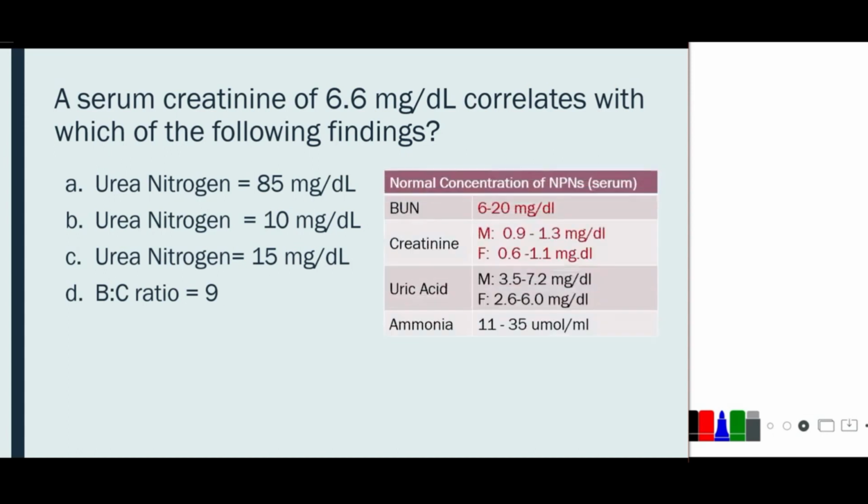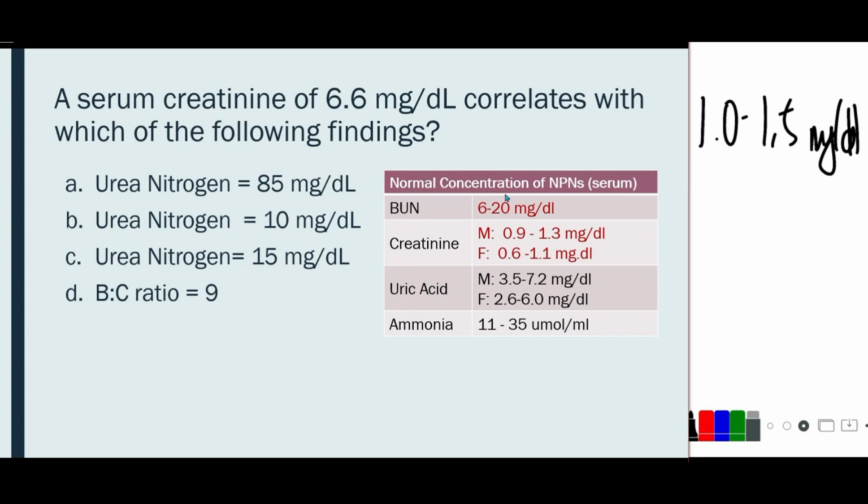Remember, for serum creatinine, guys, the approximate normal value would be 1 to 1.5 milligrams per dL. But as I have mentioned, it varies with gender. But approximately, let's just use 1 to 1.5 milligrams per dL as the normal value of creatinine.